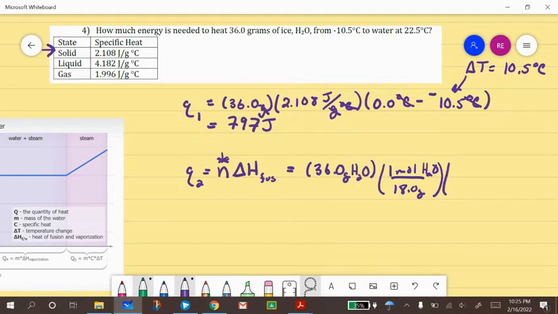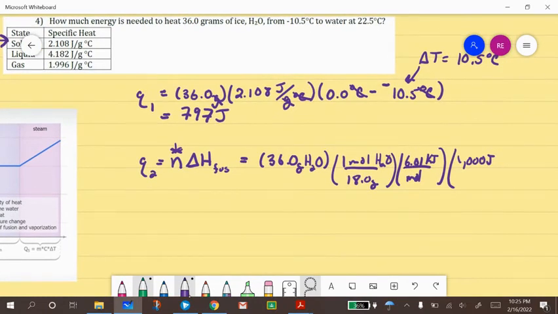And then from an earlier problem, we know that the enthalpy of fusion for water is 6.01. And remember, that's kilojoules. That's important. That's per mole of water. And then I'm just going to convert to joules right here. There are 1,000 joules for every 1 kilojoule.